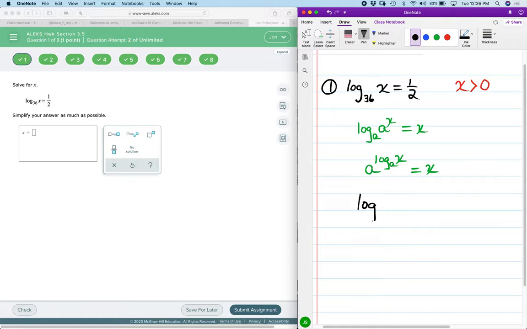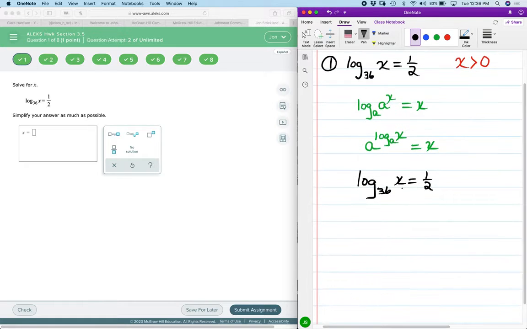So we have the base 36 logarithm of x equal to 1/2. The base a is going to be 36. And if I treat both sides of this equation as powers to which the base 36 is raised, I have 36 to the base 36 logarithm of x.